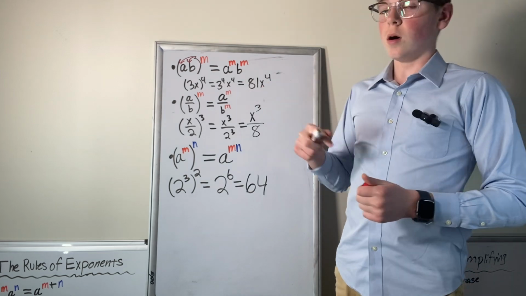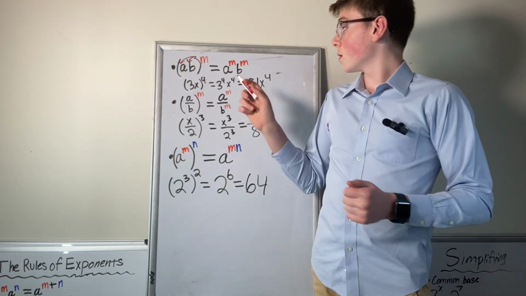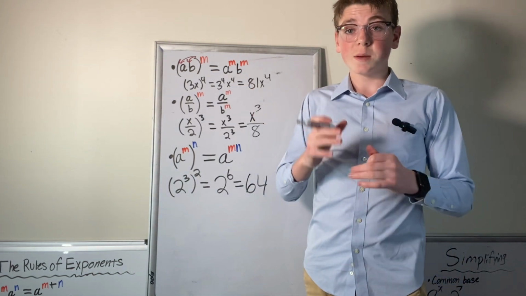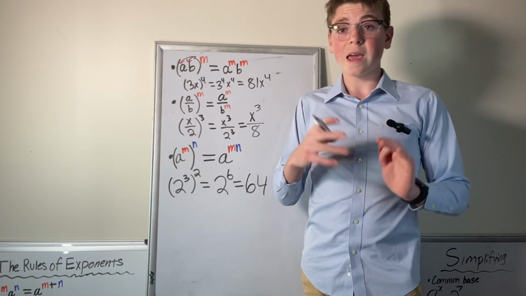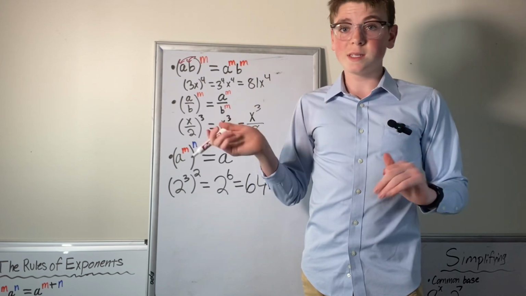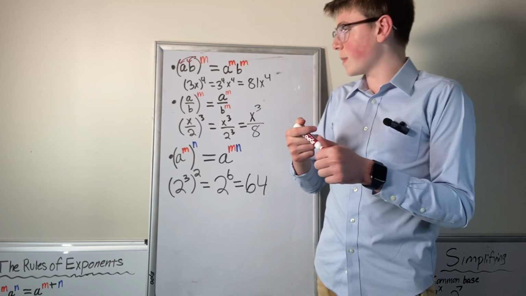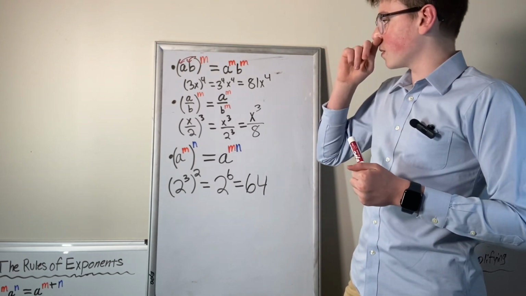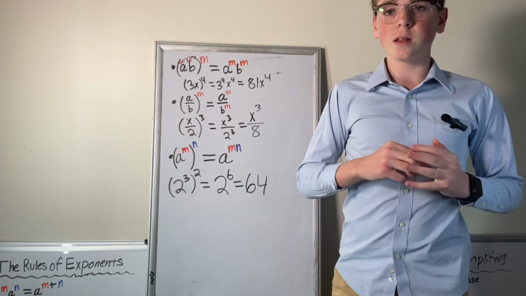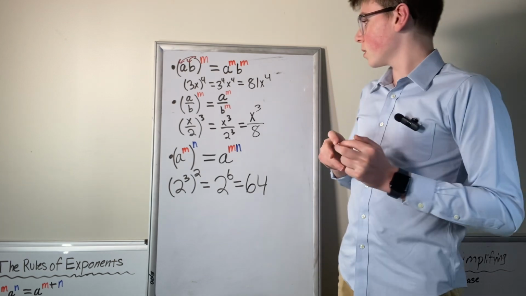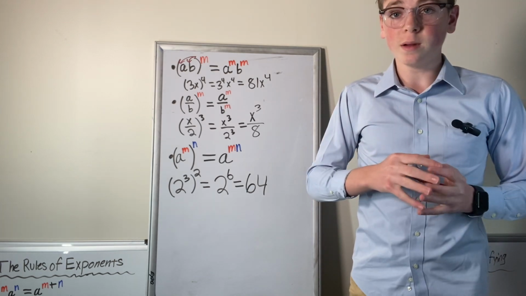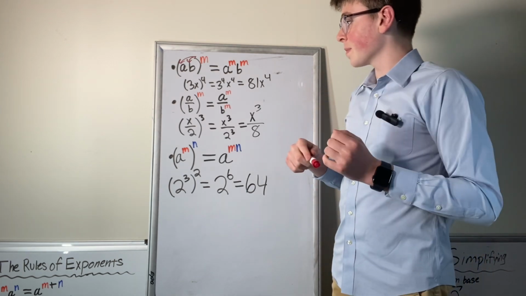So also you could say the inverse. Well, a to the m times b to the m is equal to ab to the m. You could take the m out of them. Doesn't matter, it goes both ways. So 3x to the 4th is equal to 3 to the 4th times x to the 4th, is equal to 81x to the 4th.